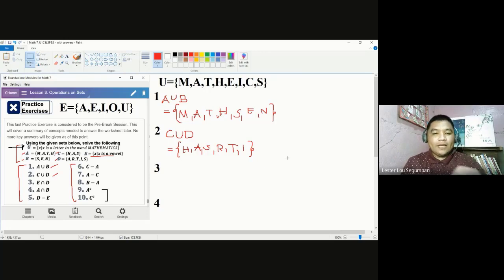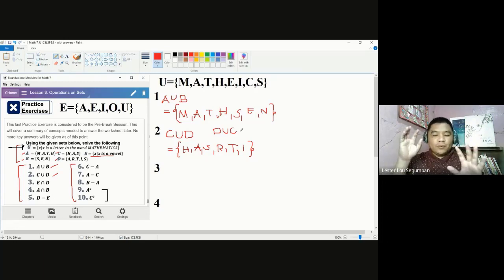Okay? Now, if I'm going to insert another question here, let's say D union C, will it yield the same result? The answer is yes, because if I'm going to combine the elements of two different groups, no matter which group I write first, they are just the same.